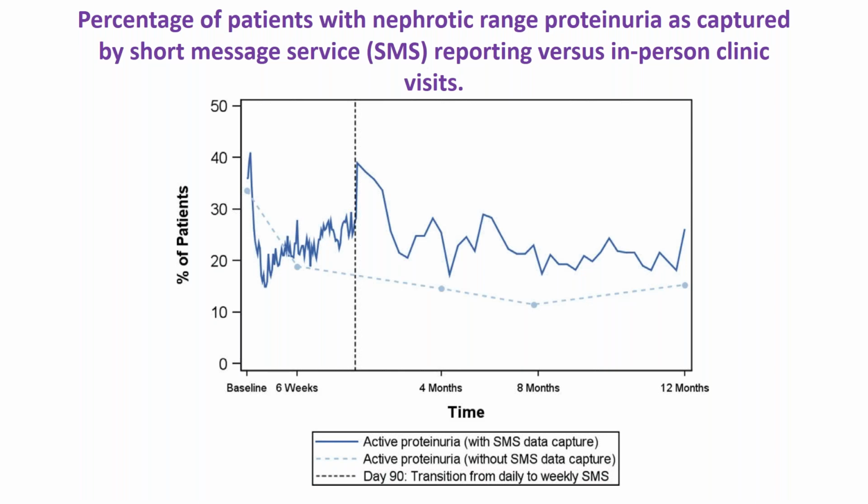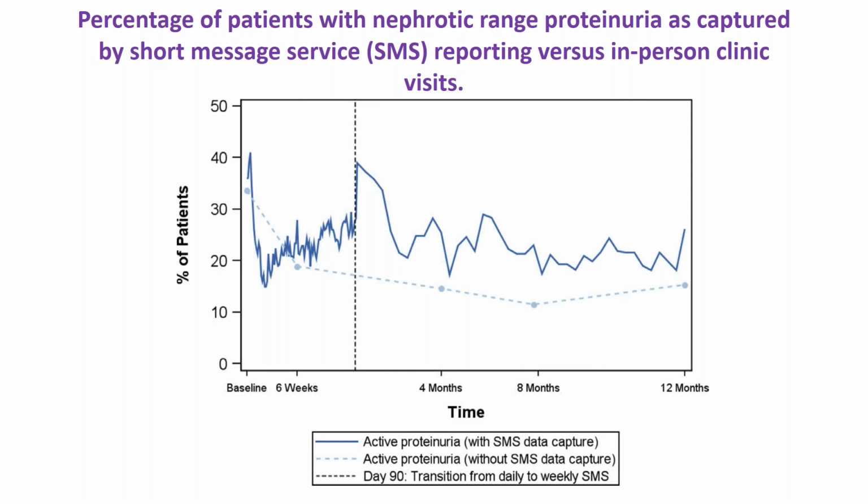As you might expect, because they were reporting much more frequently at home, the proportion of patients we identified as being in the nephrotic range was significantly higher when we evaluated by SMS or text messaging than if we had to wait for them to come into clinic visits, which, as we've seen, they aren't always able to make. So we're able to identify more cases of problems by texting, and it was really important to show that as part of the Neptune study.